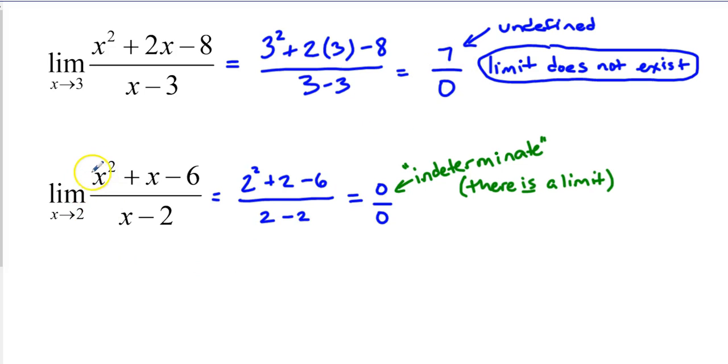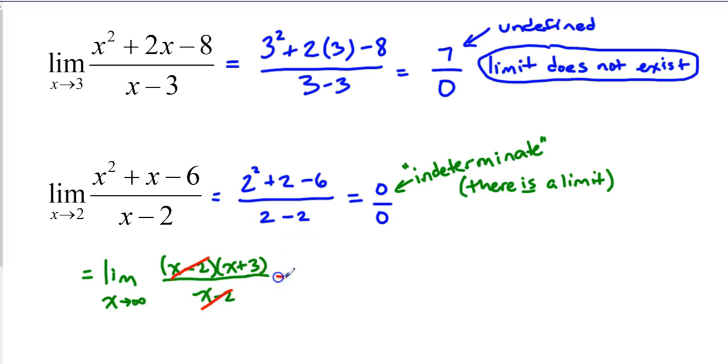So here's a technique we can use. Let's factor the numerator. We're going to keep writing limit until we've evaluated the limit. Factor that numerator. And typically it will be a shared factor with the denominator. So what I can do is divide out the common factor, and now I can just evaluate the limit as x approaches, I don't know why I put infinity on that previous one, it's supposed to have been a 2.